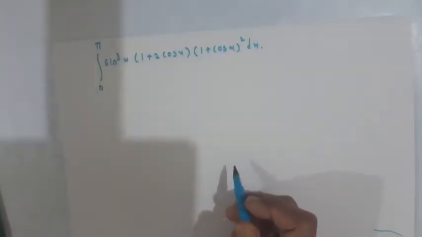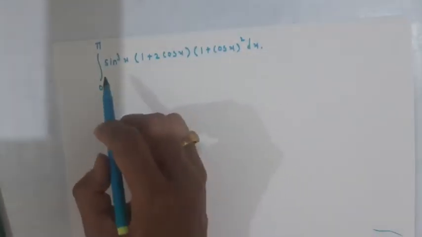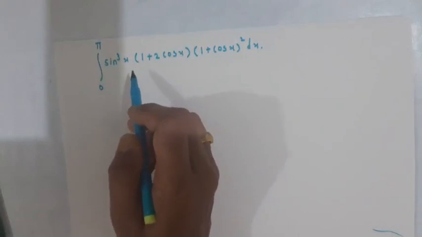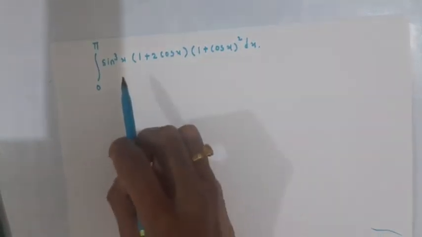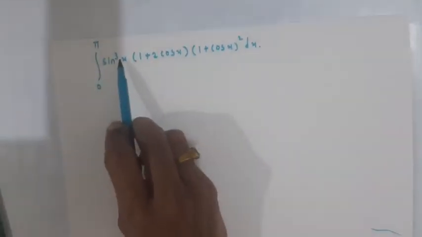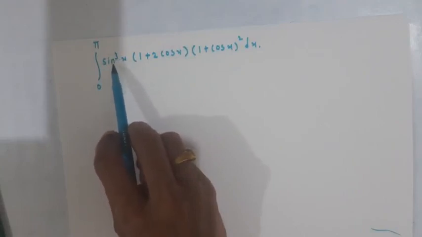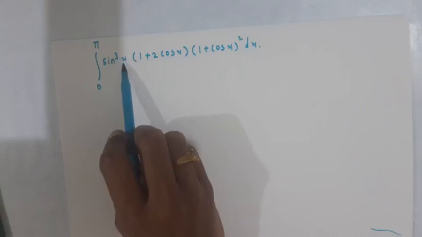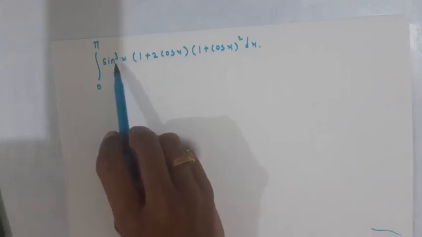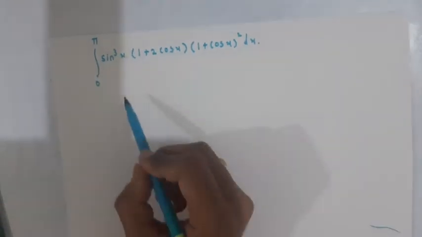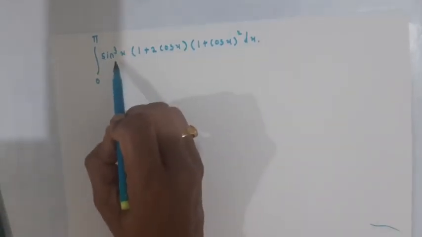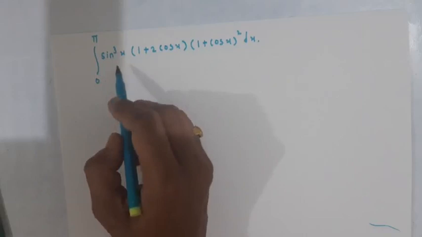Okay, if we observe the problem, see one thing student, here this sin³x. We can write this sin³x as sin²x into sin x. Then this sin²x, by using the trigonometric formula, we can write in terms of 1 − cos²x.